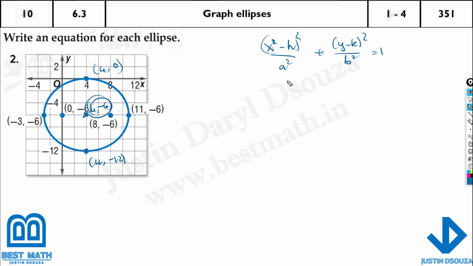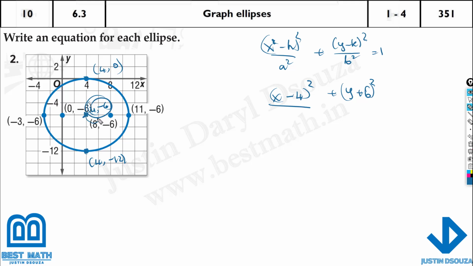Now let's substitute what we know. X, h is 4, but we have already minus. So just you can remember this. If it was positive 4 here, you put minus 4 the whole squared. And for y, it is minus 6. If it's minus, you put the plus 6 here, the whole squared. Divided by, what is a value now? You just have to count till the vertex.